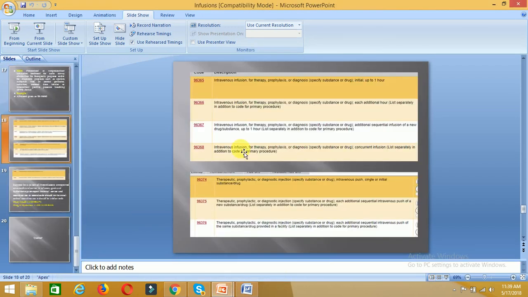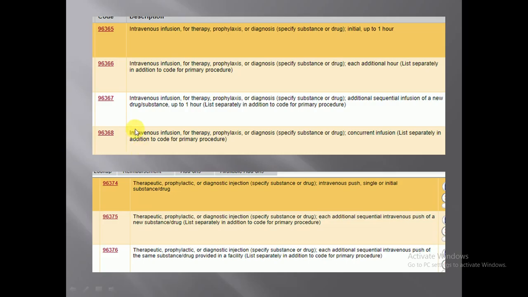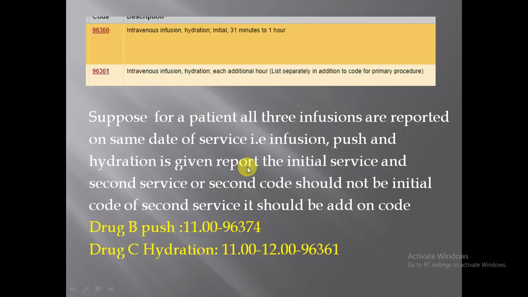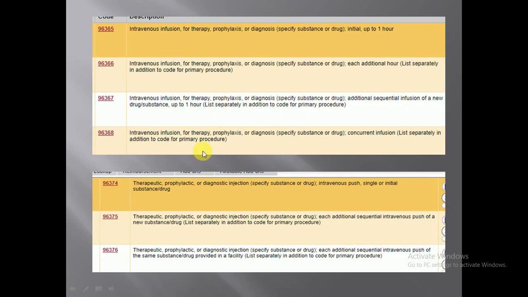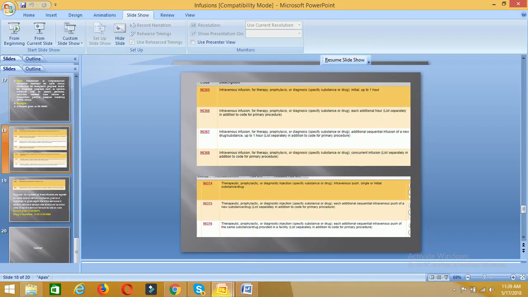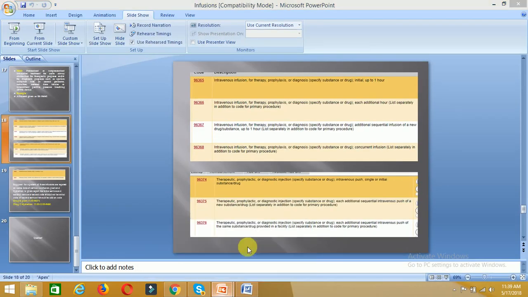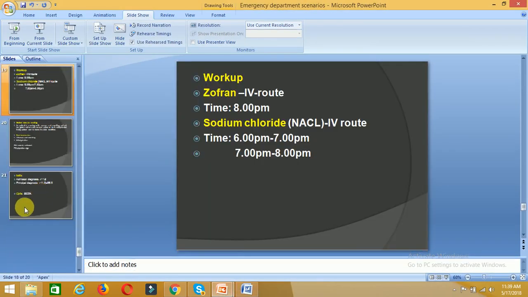See here it is, infusion intravenous coding. So this is IV push, next is hydration. According to this, it is IV push, only one time is there. So my CPT will be 96374.